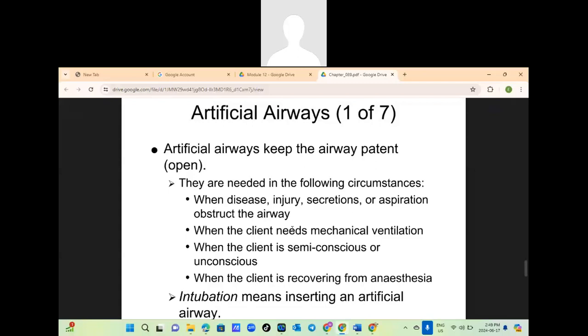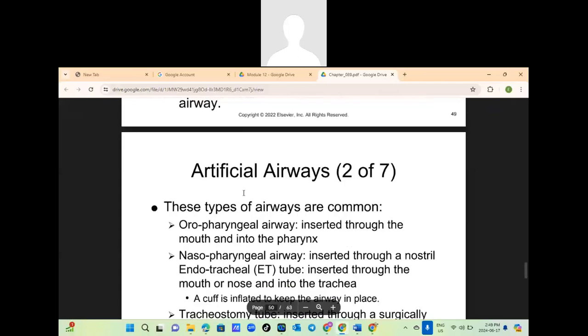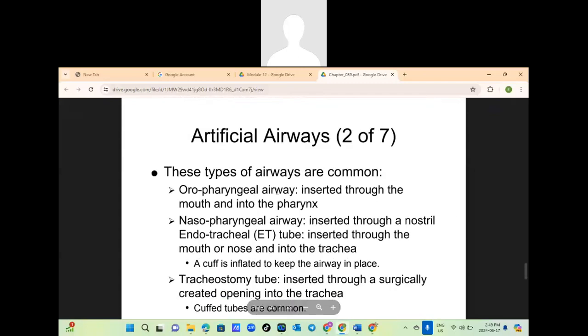Okay, so intubation means inserting an artificial airway. These types of airways are common. The oropharyngeal airway is inserted through the mouth and into the pharynx. And then the other one is the nasopharyngeal airway, which is inserted through a nostril.